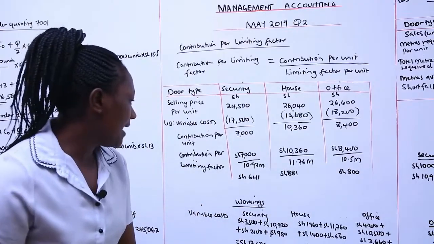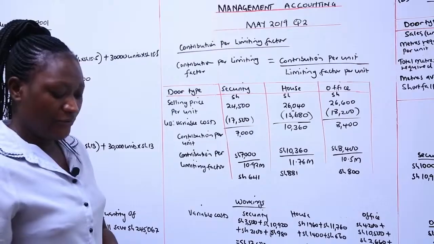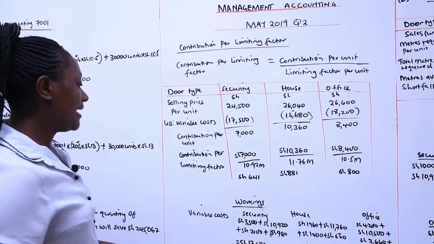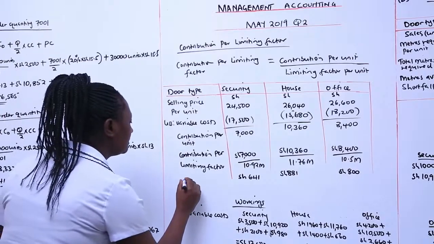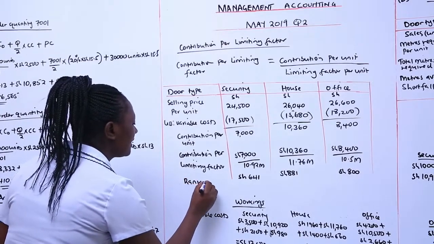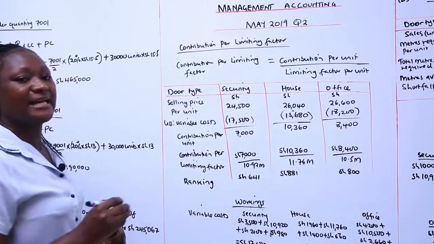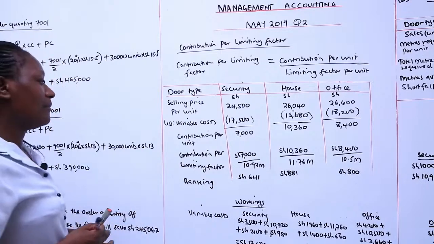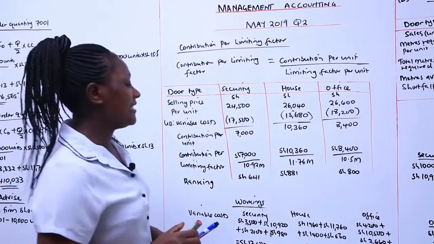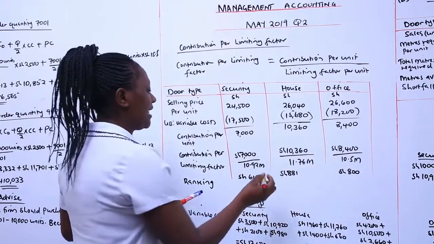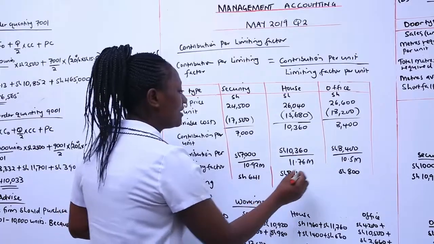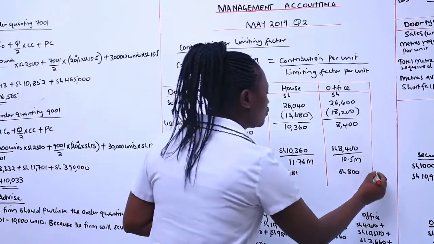Once we have the contribution per limiting factor, we now rank the products. So we'll do the ranking. In ranking, we are simply ranking the product either as number 1, number 2, or number 3. So the one that has the highest contribution per limiting factor will be number 1, and the one that has the lowest will be last.